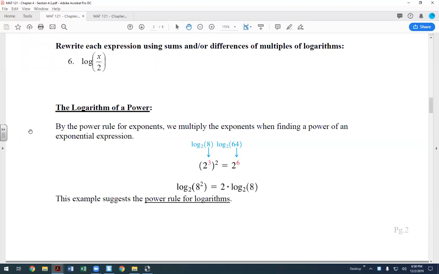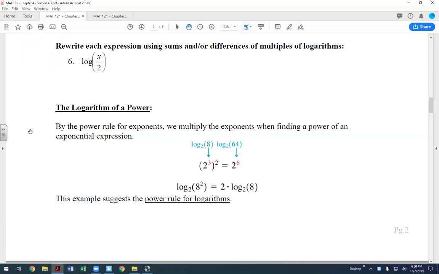3 times 2 gives us 6. So what happens with logarithms, you're still multiplying exponents, but it looks a little bit different. So keep in mind a log. If you are just looking at log of 8 with base 2, this is always going to equal an exponent, right? Because it's basically saying 2 raised to what exponent gives me 8, which is going to be the number 3. So this one is always an exponent.